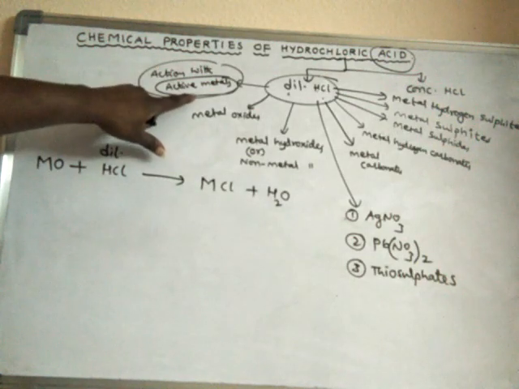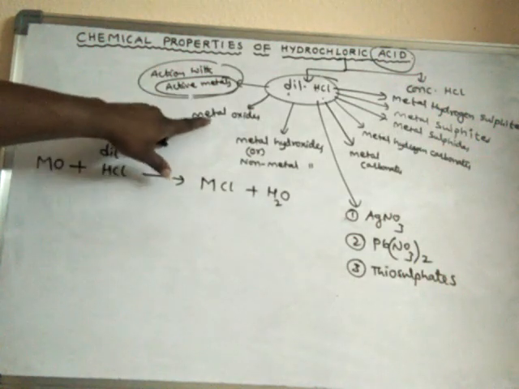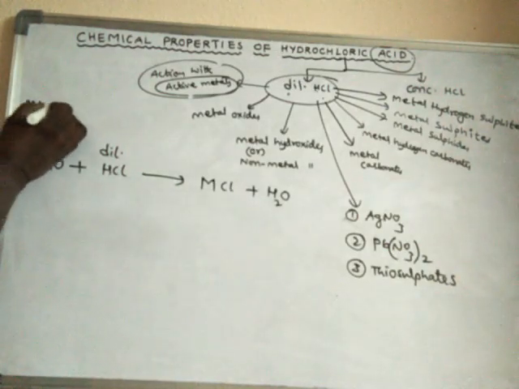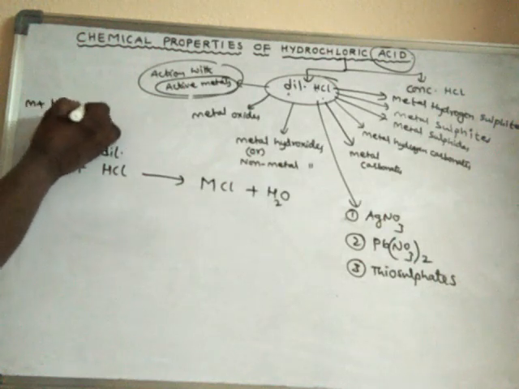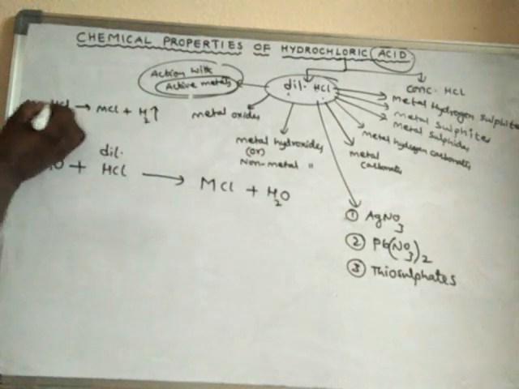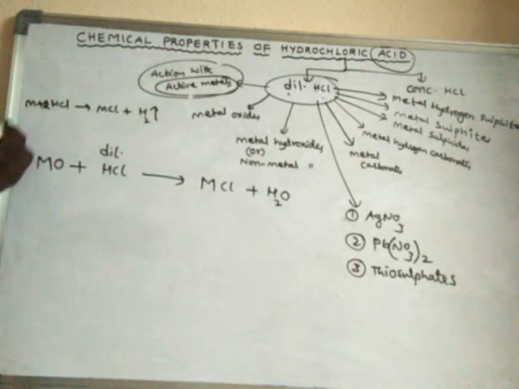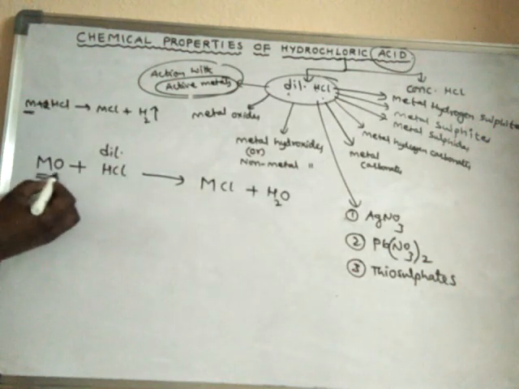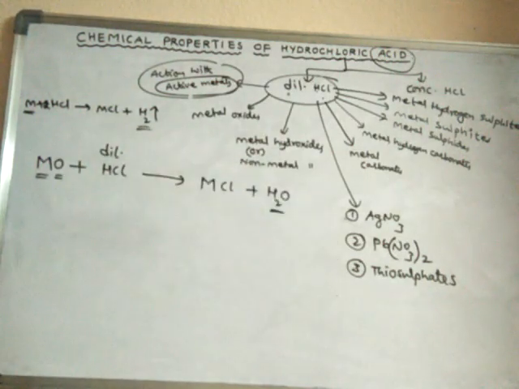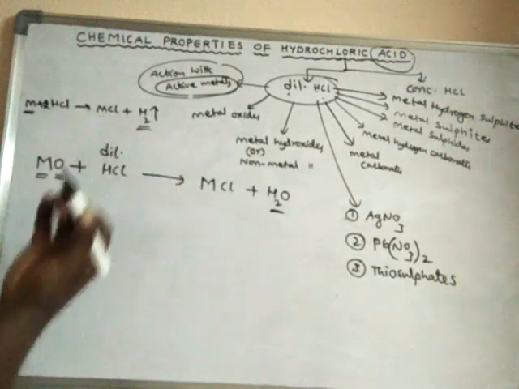With active metals they liberate hydrogen gas, but with metal oxides it forms water. That means metal plus HCl forms metal chloride plus hydrogen gas, but if there is oxygen with the metal, then instead of hydrogen gas it forms water. Metal chloride is formed in both cases.